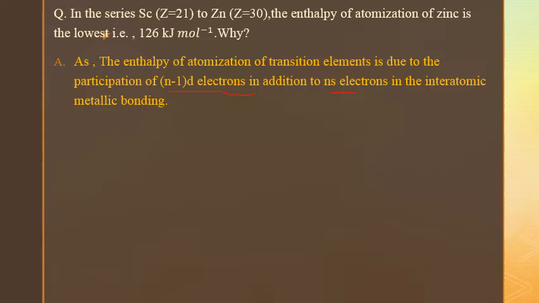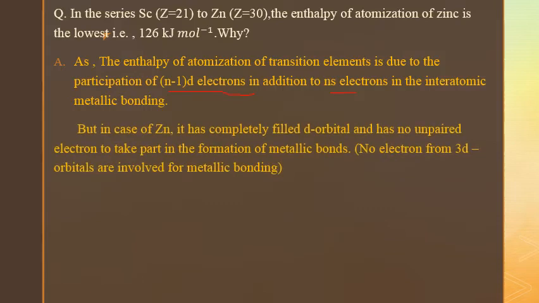When bonding takes place between the atoms of a metal, there is the participation of n-1 d electrons and the ns electrons, and the energy required to break the bond is known as enthalpy of atomization, as we have already discussed in the previous question.